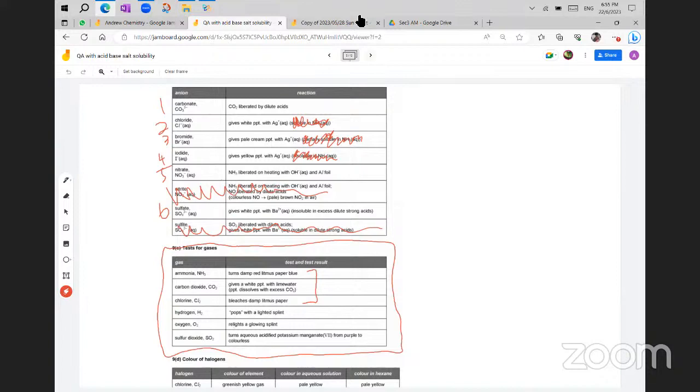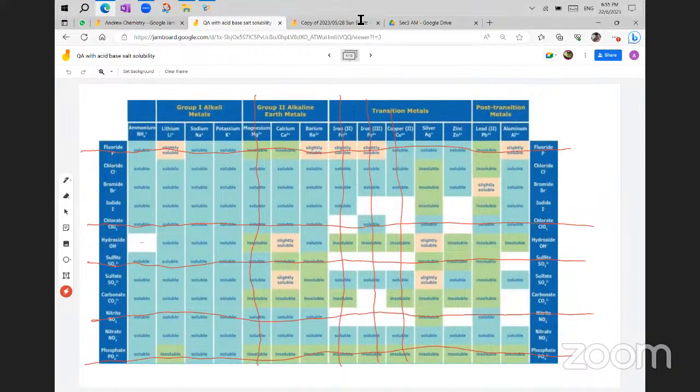So back to sulfate. Sulfate will usually be separate, but it will hold hand with Ag plus, Pb2 plus, barium 2 plus and calcium 2 plus. What is left? There's only two, hydroxide and carbonate. Hydroxide and carbonate are also kind of easy to memorize.